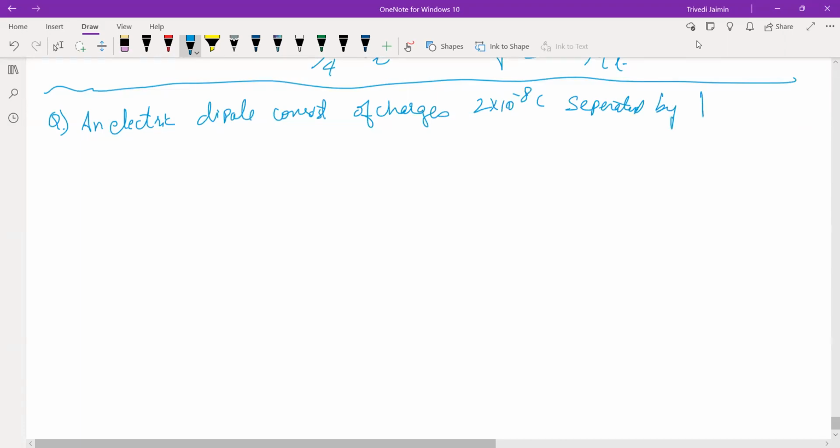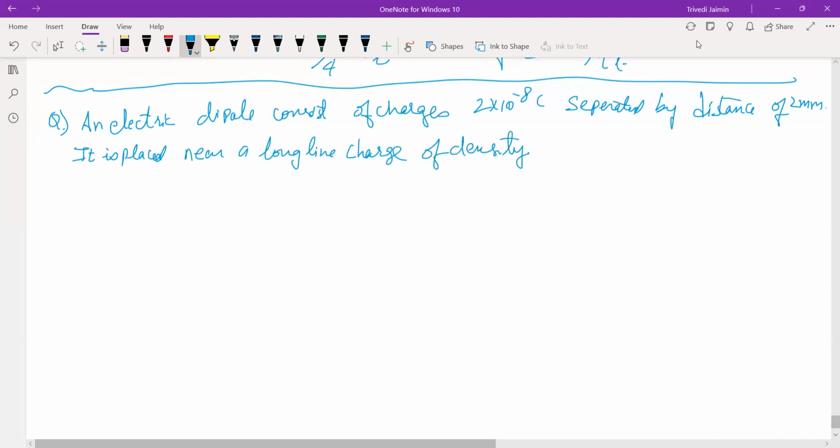Separated by distance. Requirement. Placed near a long line charge. Density 4 × 10⁻⁴ centimeter inverse.